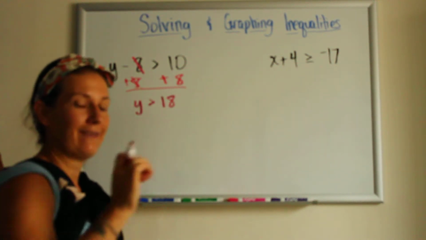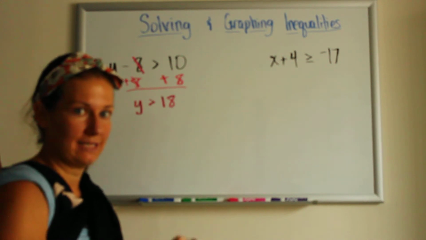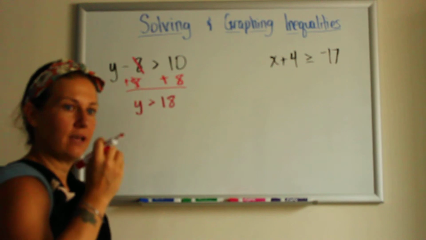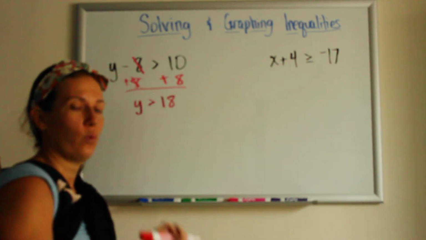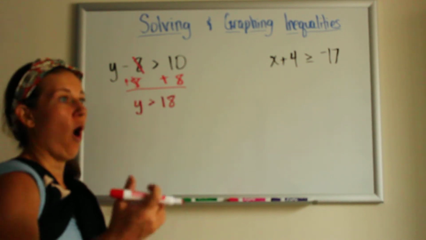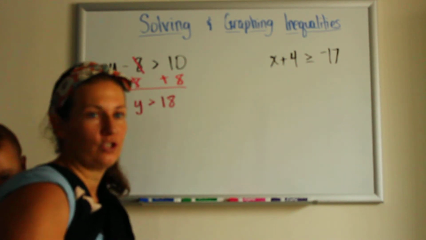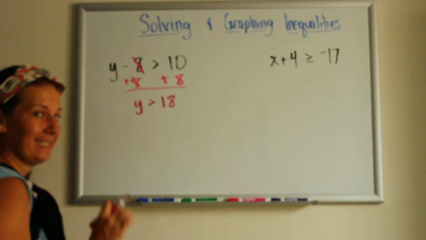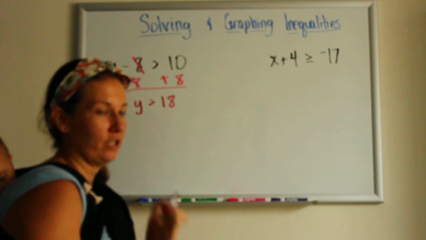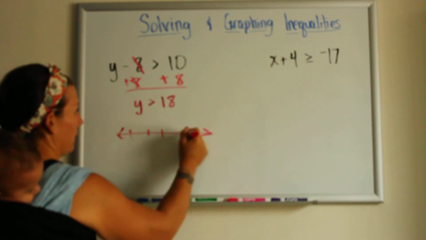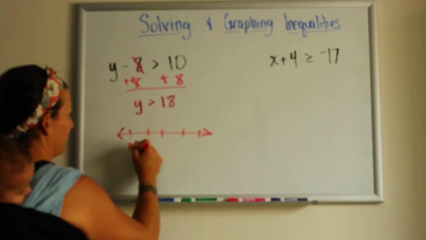So now instead of 18 being an exact, precise solution, I know that I have infinite solutions that are bigger than 18. So 20 would be a solution, 25 would be a solution, 125 would be a solution, and so on. So anything greater than 18. But 18 itself is not a solution. So as I graph this, I want to put an open dot at 18.